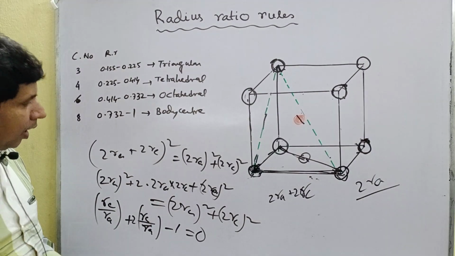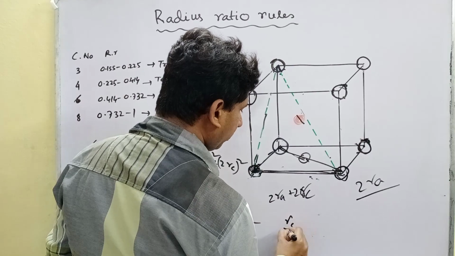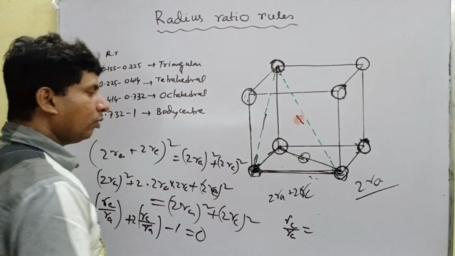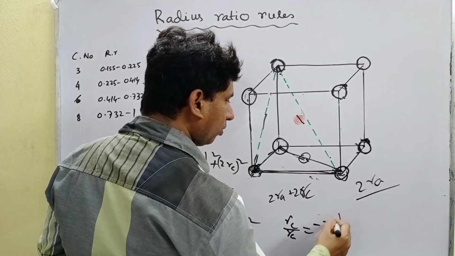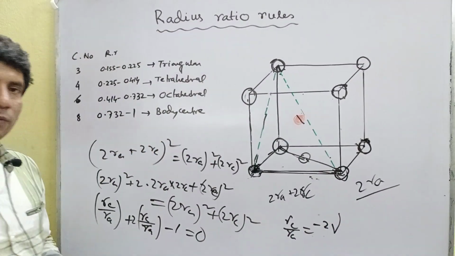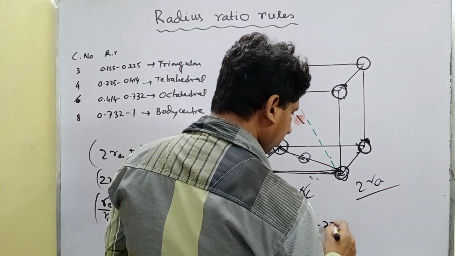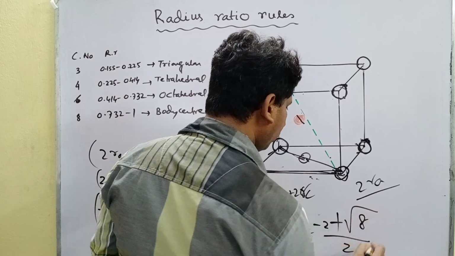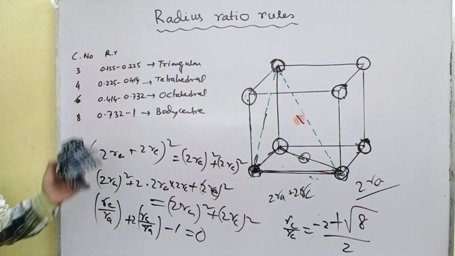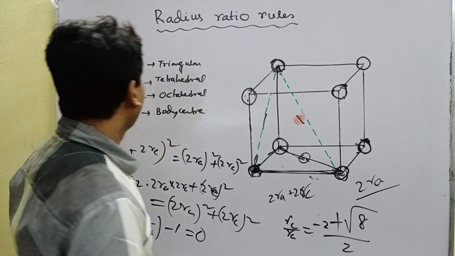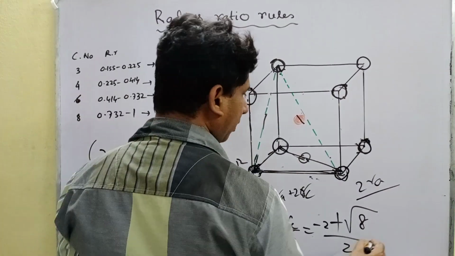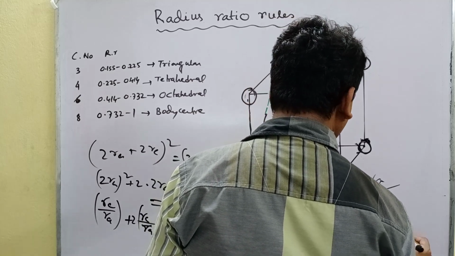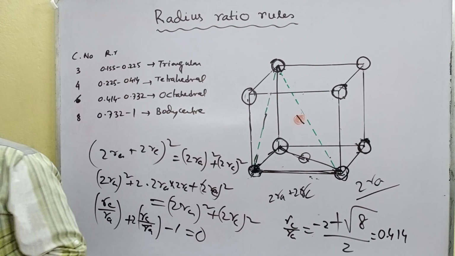Then RC by RA equals minus 2 plus minus √8 by 2. Then the value will be 0.414. Clear?